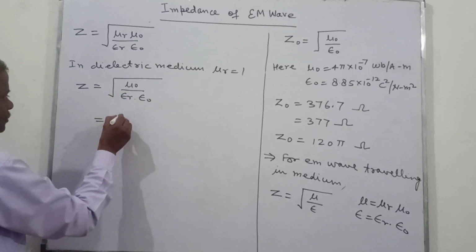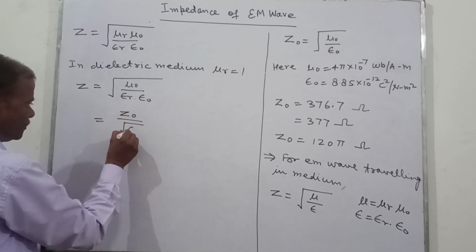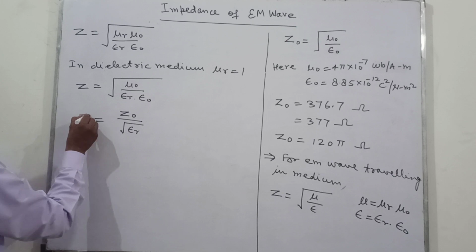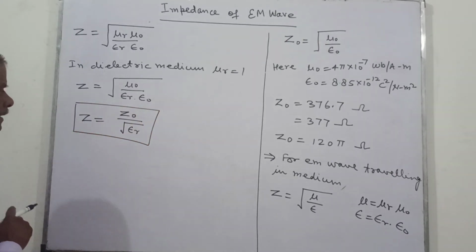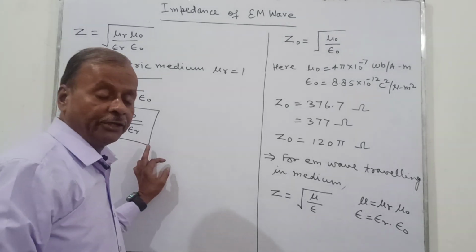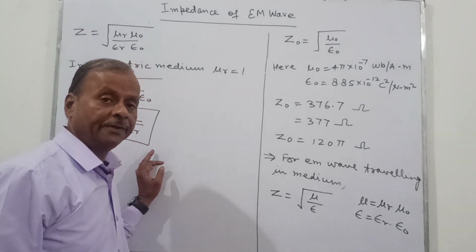So this is equal to Z naught upon square root of epsilon r. So from here you can see that this impedance depends upon the refractive index.